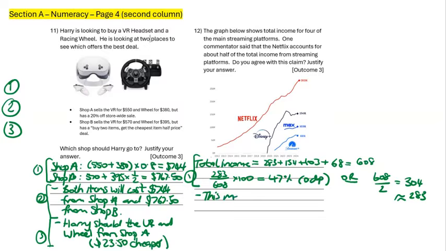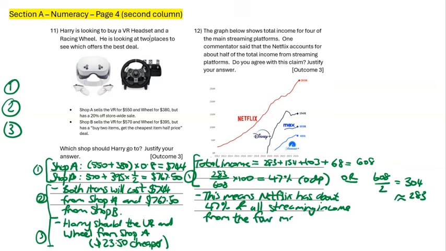So this means Netflix has about 47% of all streaming income from the 4 main streaming platforms. Okay, so that there was learning outcome, step number 3.